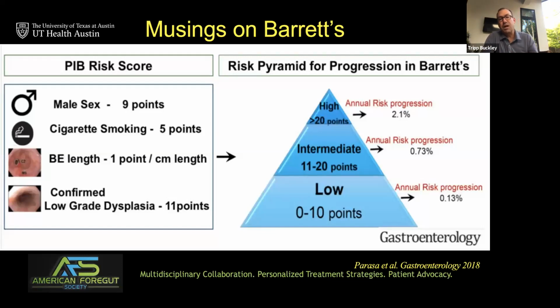If you're in the high risk category and you have an annual progression of 2.1% per year, that is really high. So I don't think all Barrett's is the same. I'll share that I have Barrett's esophagus, and I'm in the intermediate risk group. So if my year over year progression is 0.73%, I'm going to pay attention to that as a patient, and then as a physician, I'm going to really pay attention to that as well.